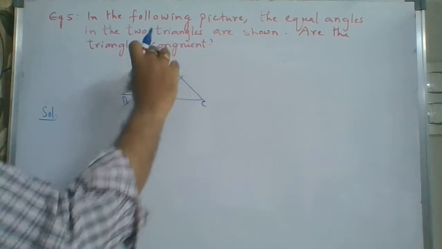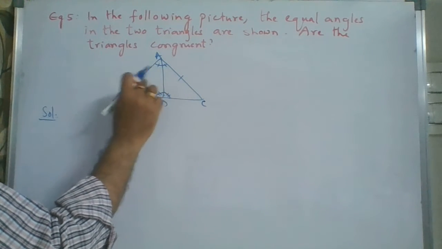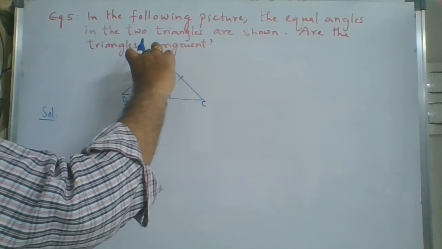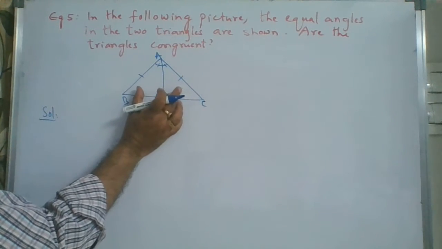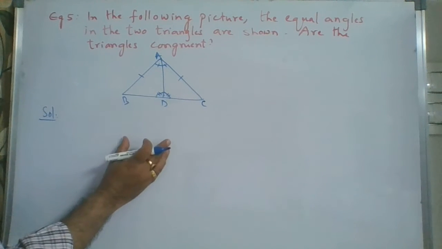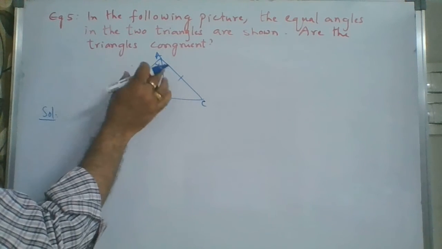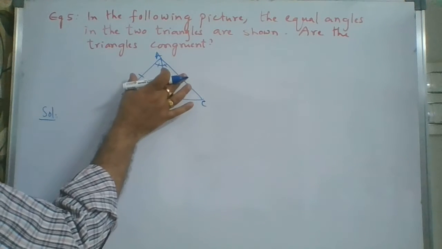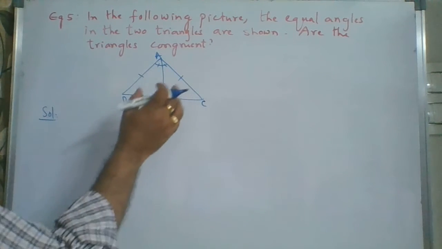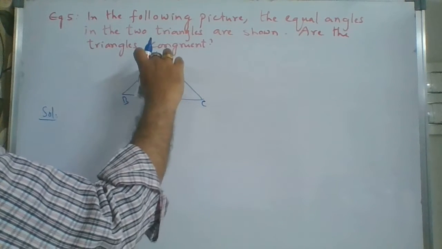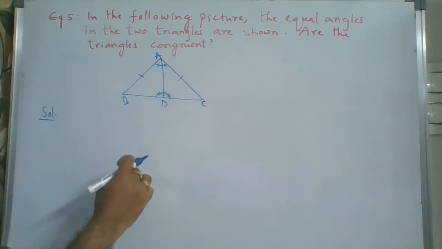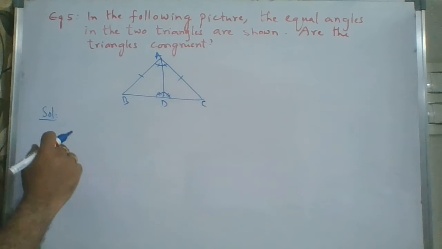And this AD is a common side to both the triangles. Therefore, by the angle side angle congruence rule only, we can prove that these two triangles are congruent. So AB and AC being equal is additional information; we don't require that. Only by these two angles and the side AD, we can say that these two triangles are congruent.